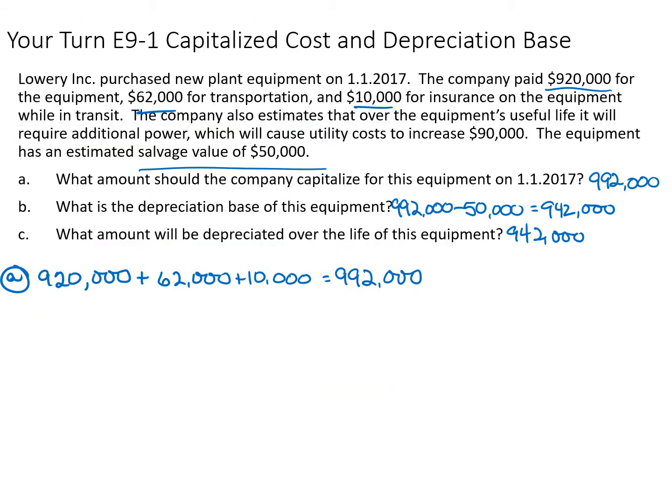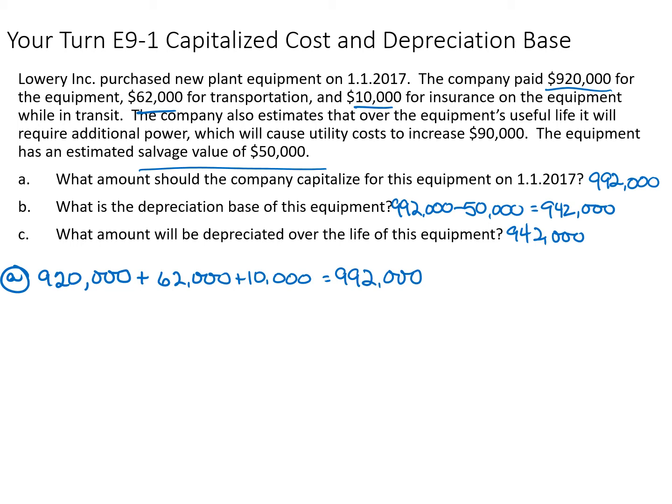All right, here's another one. We purchased a new piece of equipment on January 1st of 2017. The company paid $920,000 for the equipment, also $62,000 for transportation, and $10,000 for the insurance while in transit. All of those costs would be included in the cost of the equipment and debited to equipment.